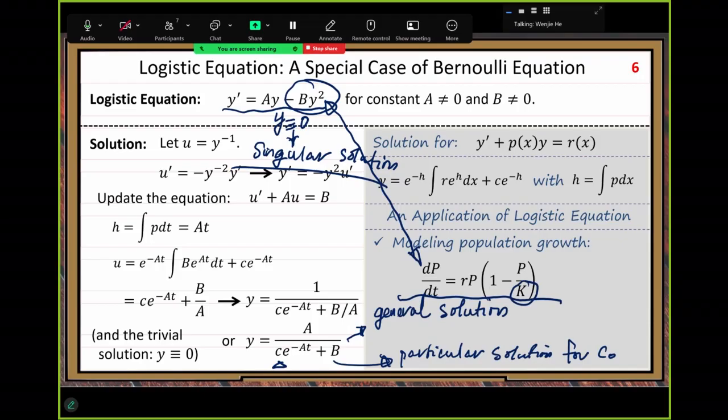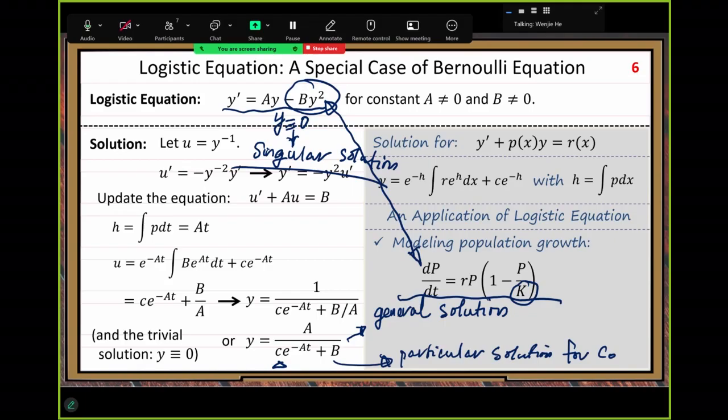So 1 minus a number less than 1 is positive. So everything on the right hand side is positive. Derivative is positive means increasing, right? So when P is less than K, P is growing. The population is growing.